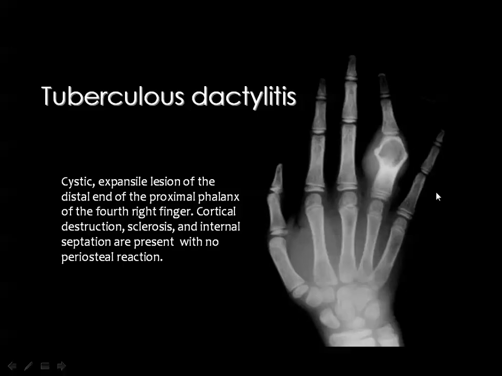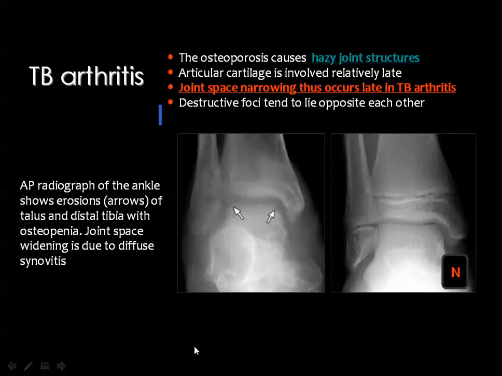And this is an example of TB dactylitis affecting the proximal phalanx of the fourth finger with sclerosis and cystic changes and very osseous inflammatory granulation tissue.